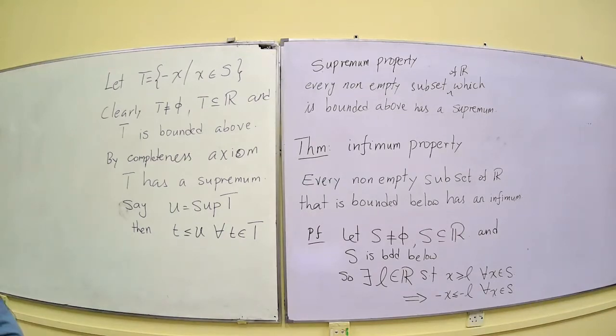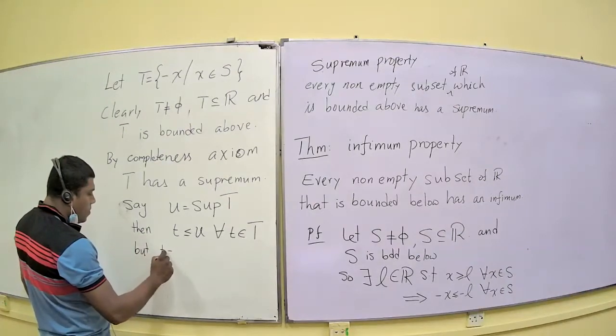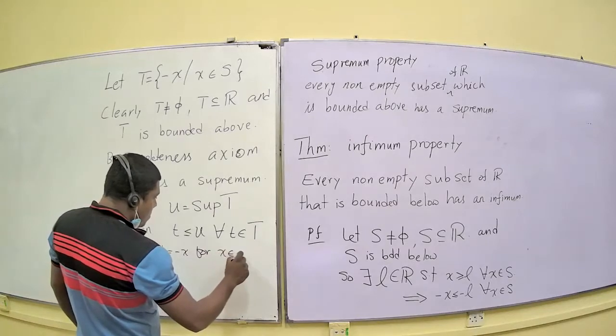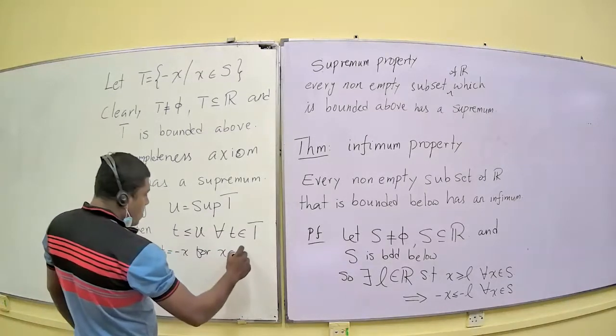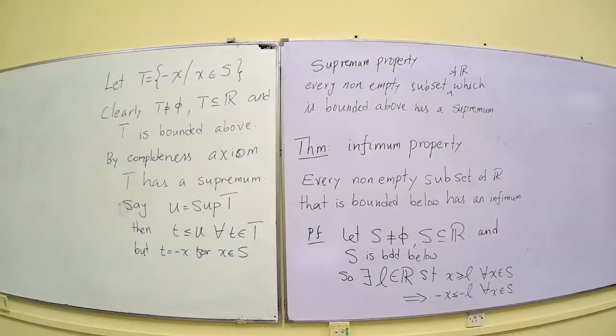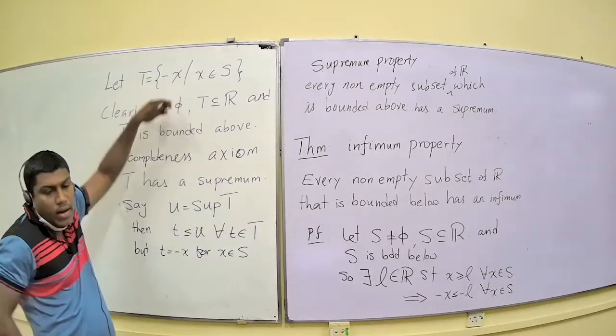So every t will be less or equal to U. But t is actually a minus x, because that is how you define the set, right?